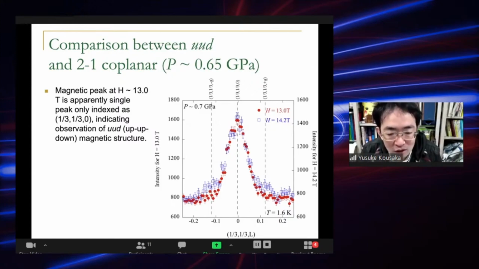In that case, we can apparently see the satellite peak at 14 Tesla, but at 13 we see only a single peak. It is very good evidence of the formation of the up-up-down magnetic structure.